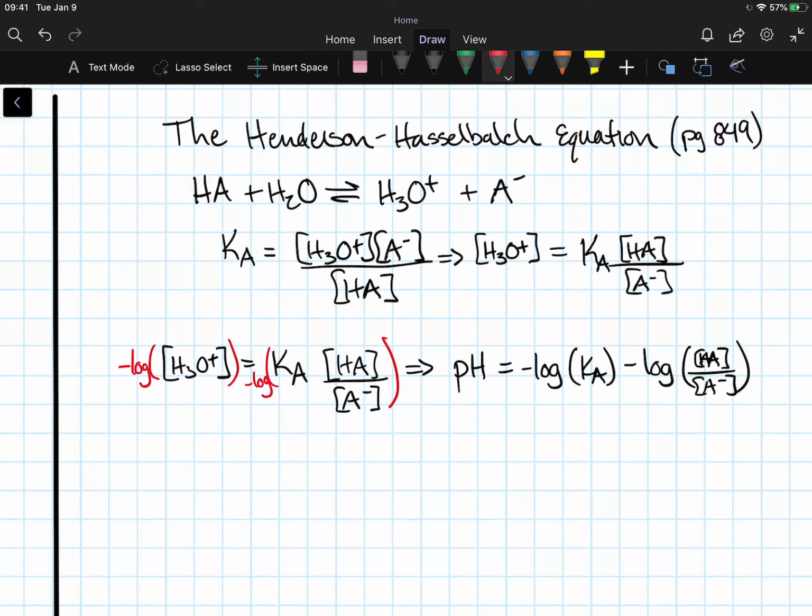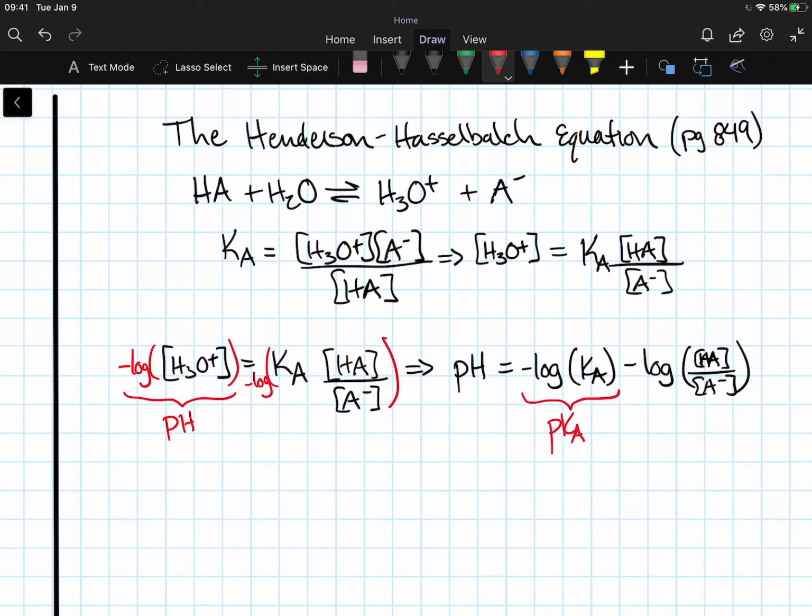So again, the negative log of the H3O plus concentration just turns into the pH. The negative log of Ka, if we remember what the negative log means, is the P we put in front of H, so this would end up being the pKa. And we're going to leave this last term alone, but we're going to rearrange it really quickly.